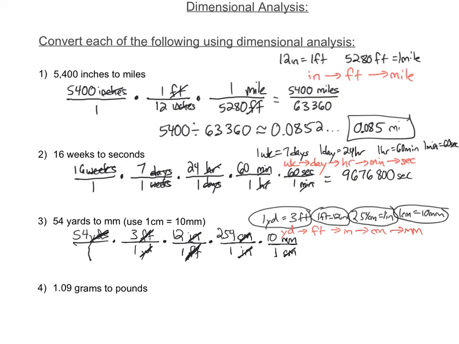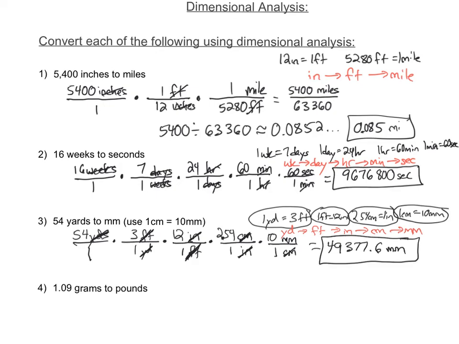And so these now cancel. So just like the other example in number 2, all of the activity is really happening in the numerator. So I multiply 54 by 3 by 12 by 2.54 by 10, and I get 49,377.6 millimeters over 1. So I've got each of those 3 answers here.